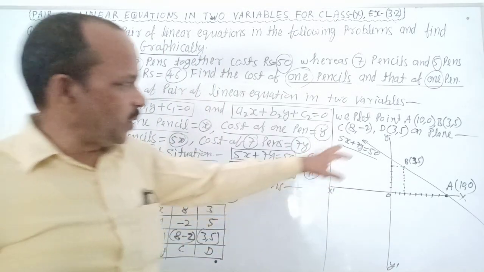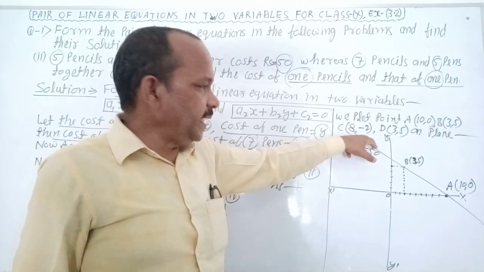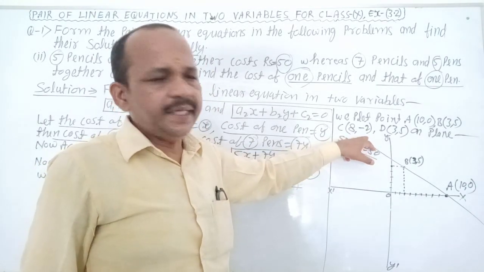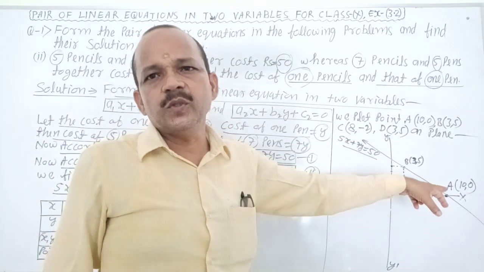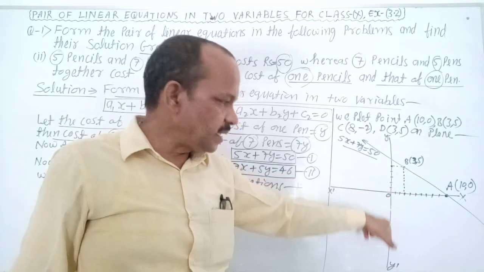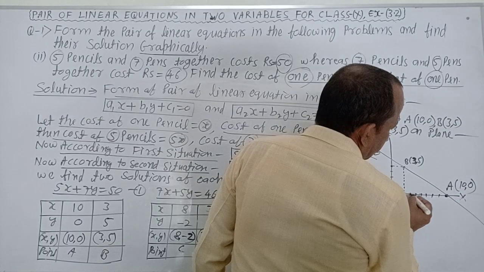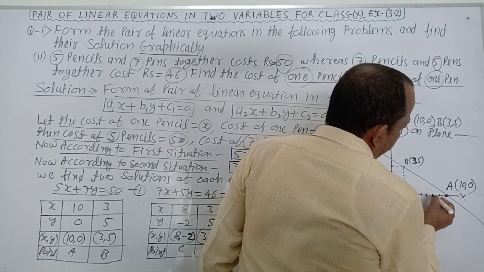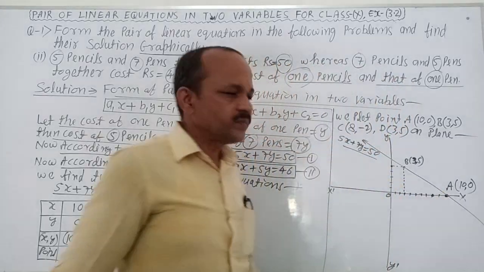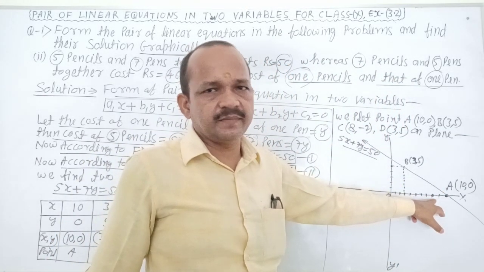Now you plot point C and point D. C is 8 and minus 2. 8 on the x-axis in the positive direction, minus 2 on the y-axis in the negative direction. 8 here: 1, 2, 3, 4, 5, 6, 7, 8. 8 is here on the x-axis in the positive direction.